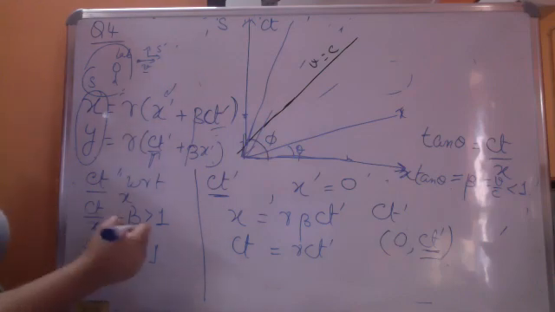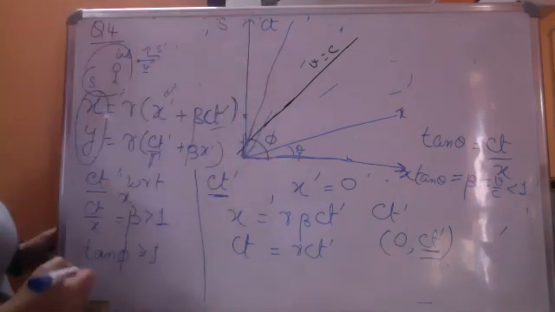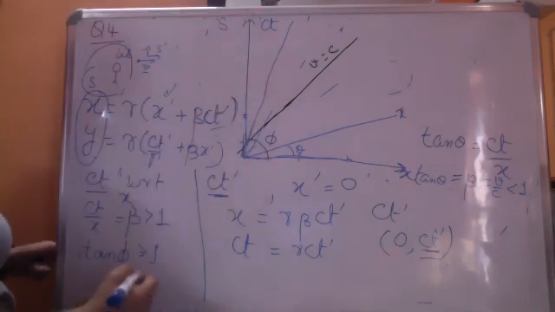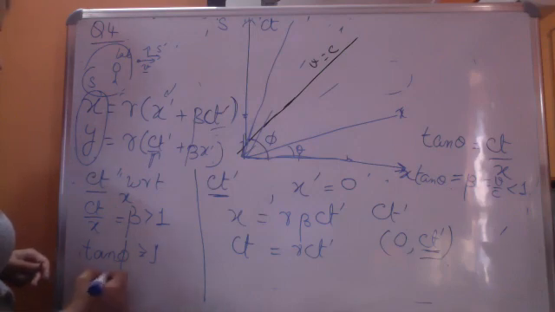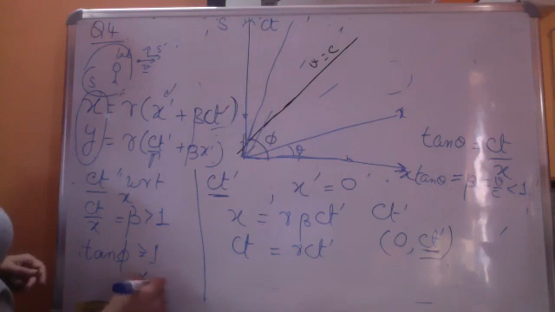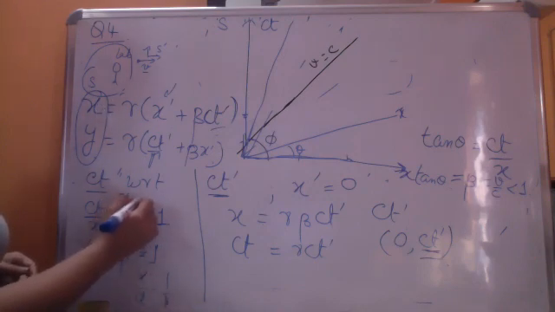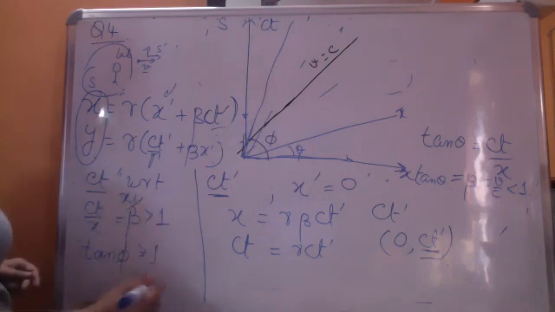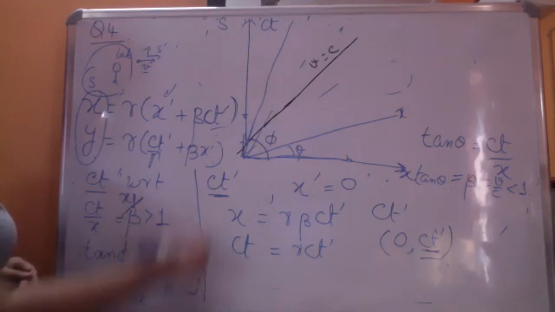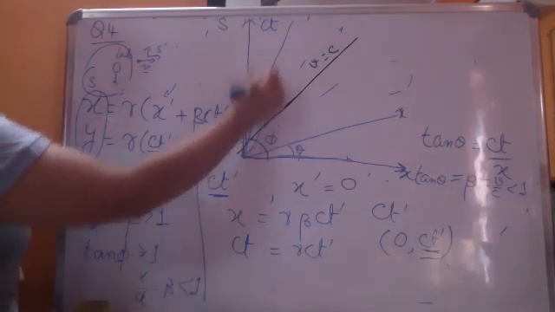Now, as I said, I can also find its angle with respect to the CT axis. Then that angle will be nothing but the ratio of x upon CT, which in this case turns out to be 1 by beta, and this comes out to be beta, which is again less than 1. So it's the same angle.